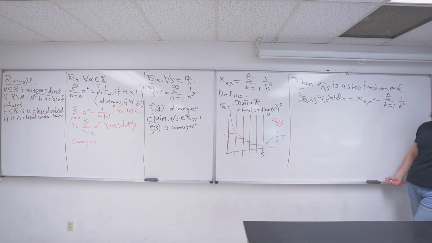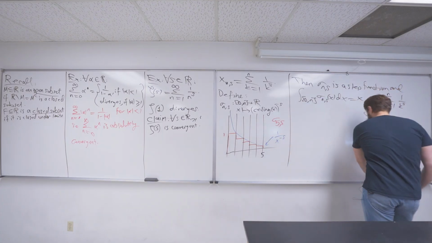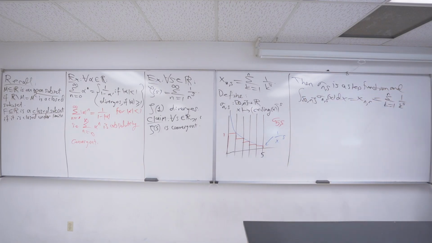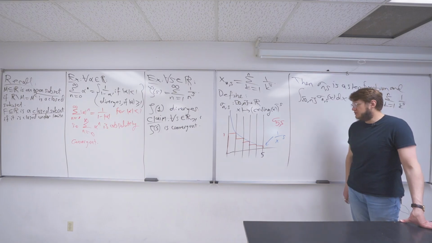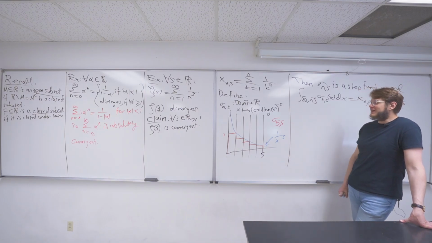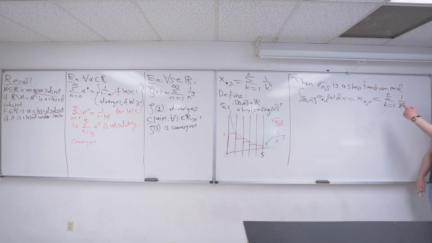Now what I want to do is, by definition, 1 over x to the s is some function that is certainly differentiable, or rather, that is Newton integrable. It is an antiderivative that dominates the step function.